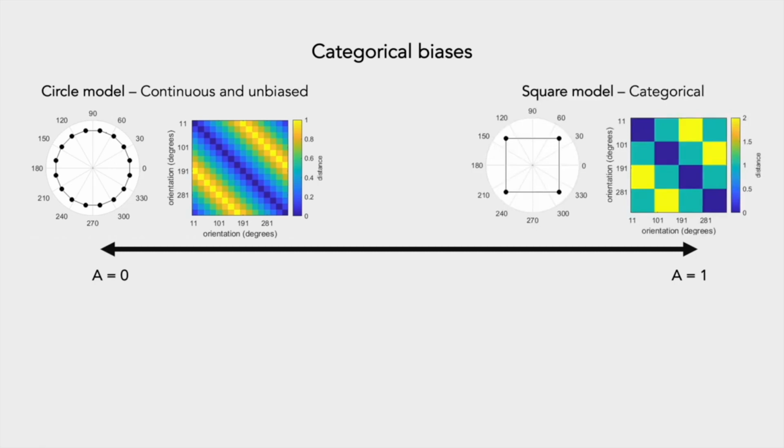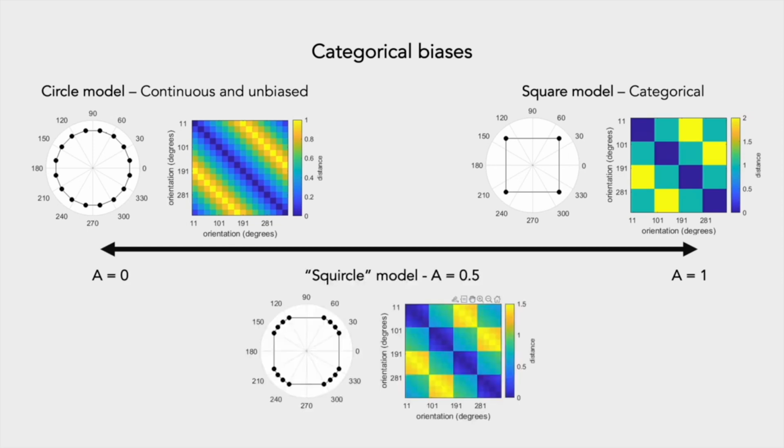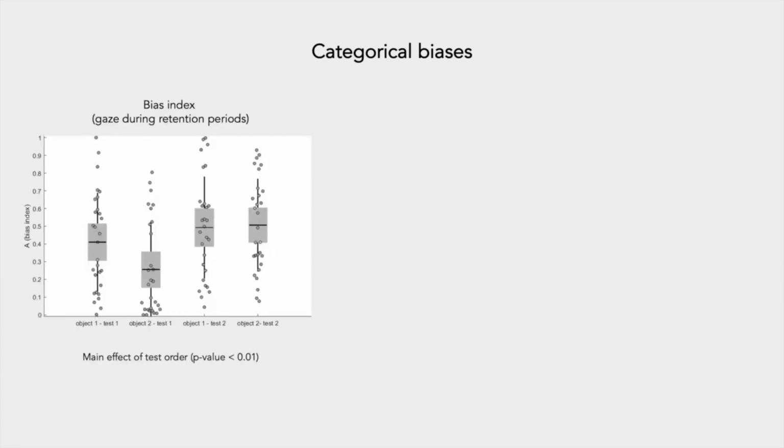We quantify this mixture with the parameter A, which ranges from 0, no bias, to 1, maximum bias. Intermediate values will lead to a spherical representation of the orientation space. Using this approach, we generally find values of A larger than 0 in the eye data during the delay period, indicating that the gaze pattern carried cardinal biases early on during working memory retention.